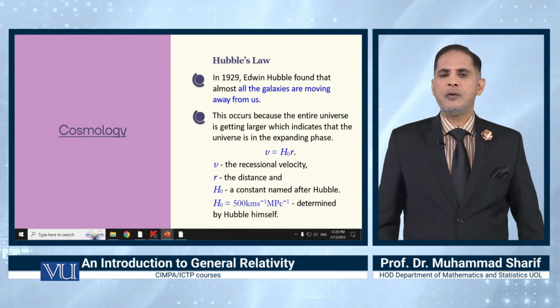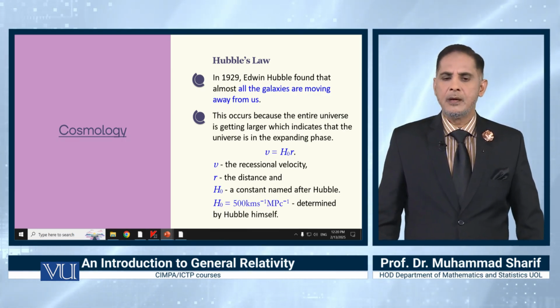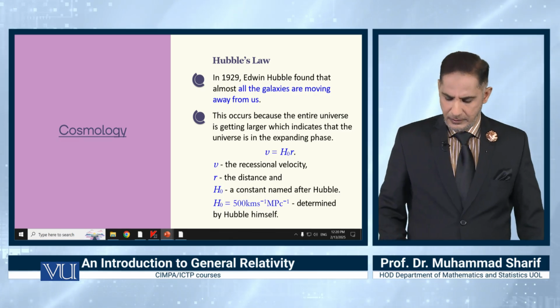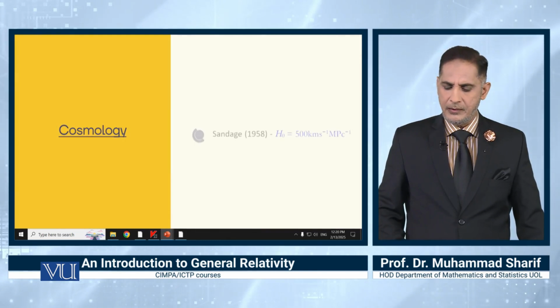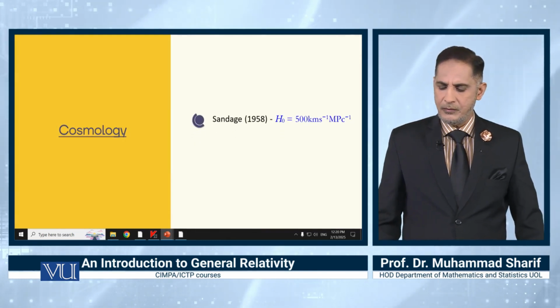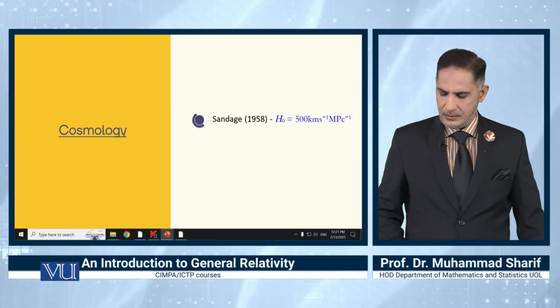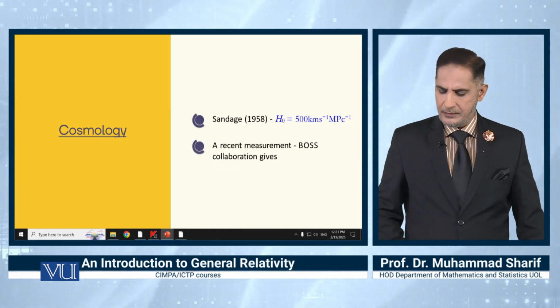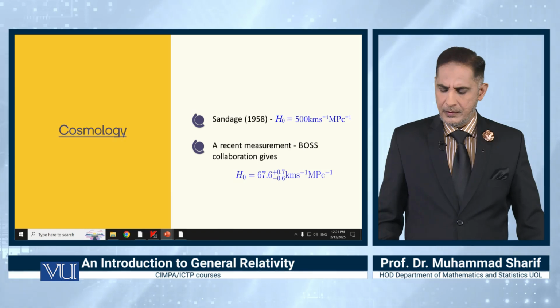Hubble found the value of the Hubble constant as 500 kilometers per second per megaparsec. However, later in 1958, Sandage found its value, and this is not correct. This is in fact, I think, somewhere around 200.